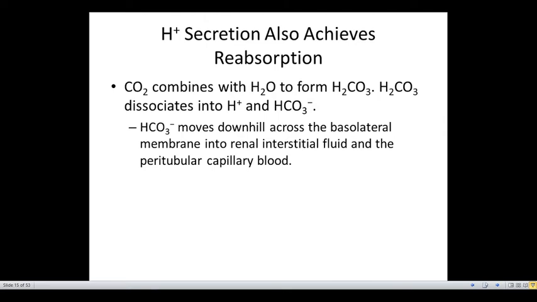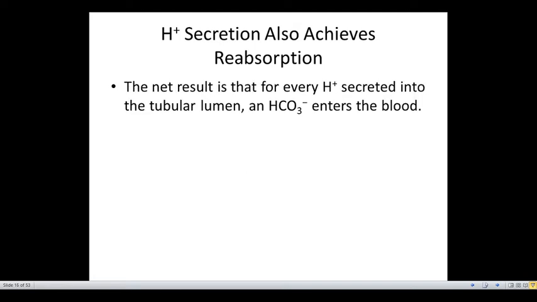Bicarbonate ions move downhill across the basolateral membrane into renal interstitial fluid and the peritubular capillary blood. The net result is that for every hydrogen ion secreted into the tubular lumen, a bicarbonate ion enters the blood.